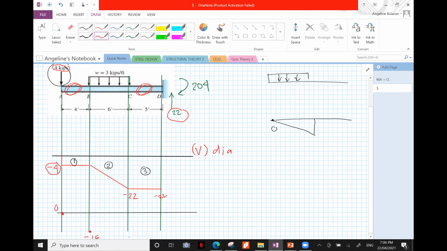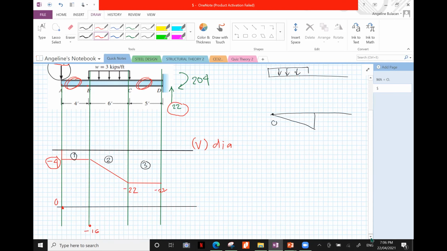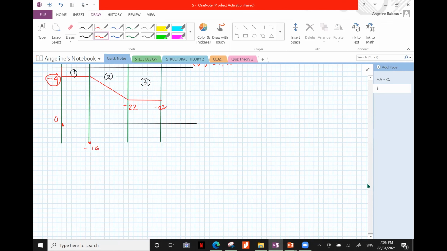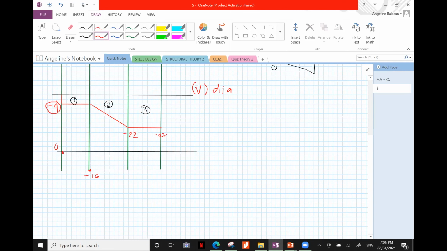Tapos, to get the value of this one here, since lahat naman yan negative, obviously pababa yung drawing natin. So, negative 16 plus area 2, negative, so minus din nakalagay. I hope you have your calculator with you, no?